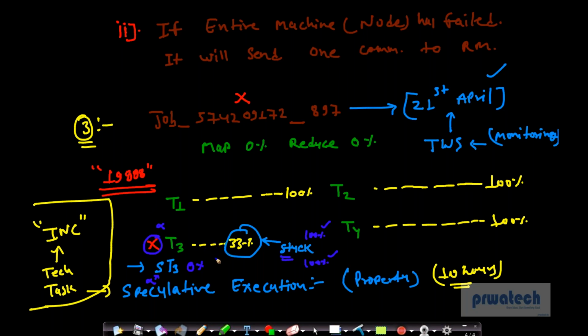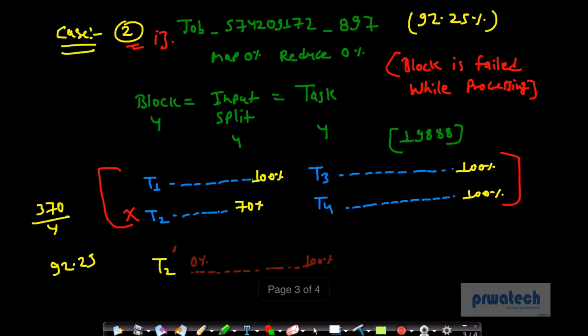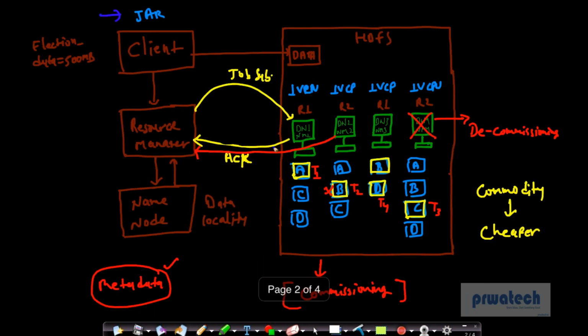I cannot do anything. I'll have to wait. I'll have to increase the CPU time. I will have to increase the block size, because we know that if I increase the block size, my number of tasks will be less, because number of blocks is equal to number of input splits, and number of input splits is equal to number of tasks. These are the major three cases which occur.